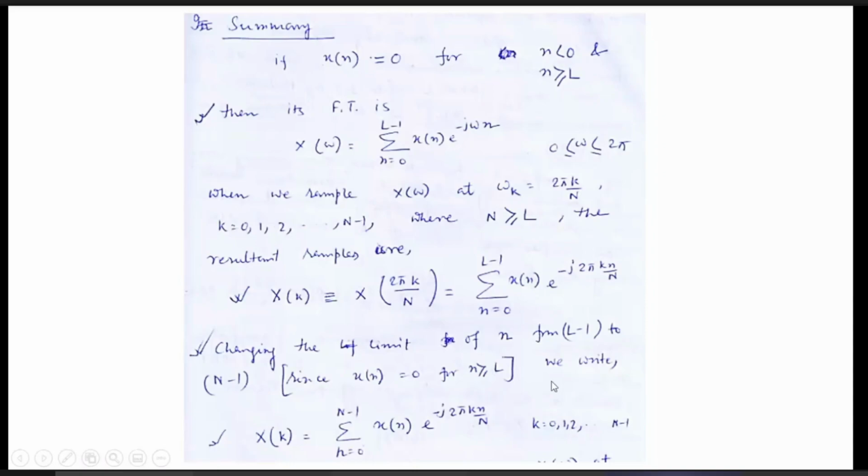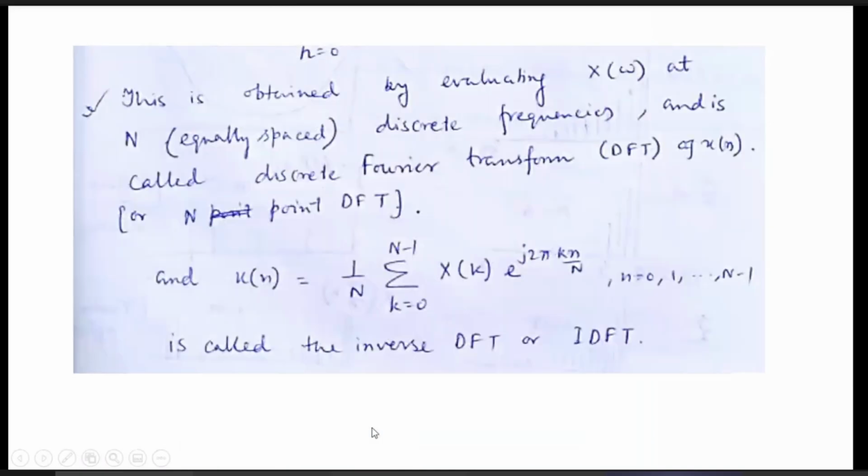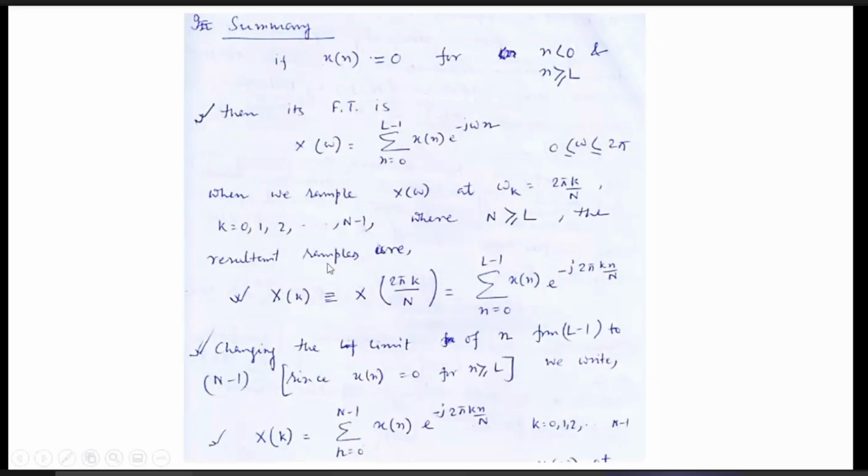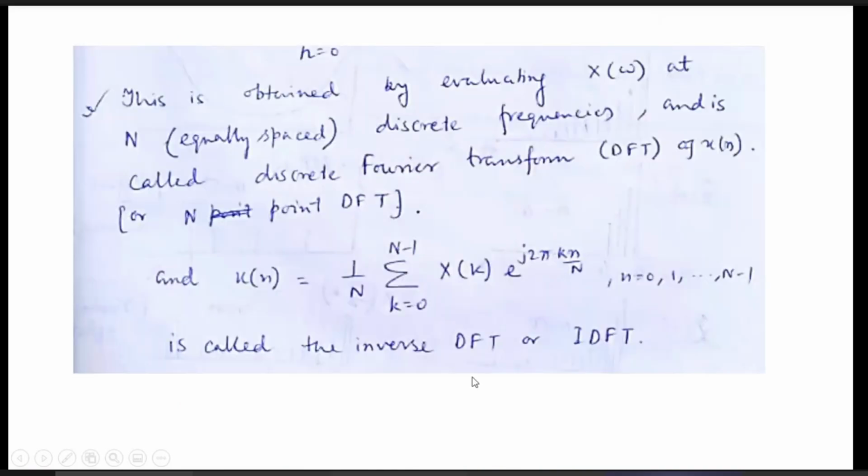So this is actually your discrete Fourier transform, and this is the formula: X of k equals the sum from n equals 0 to L minus 1 of x of n e to the power minus j 2 pi k n by N, or simply the sum from n equals 0 to N minus 1. This is called the discrete Fourier transform.